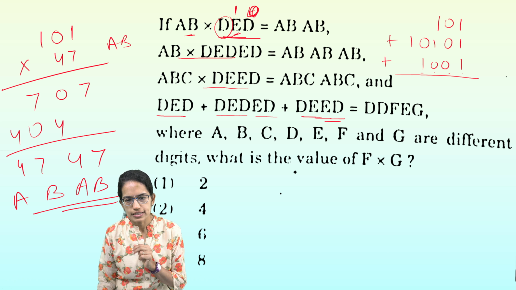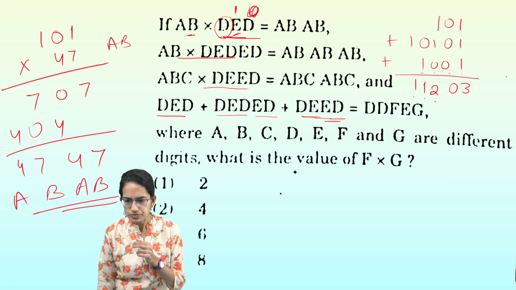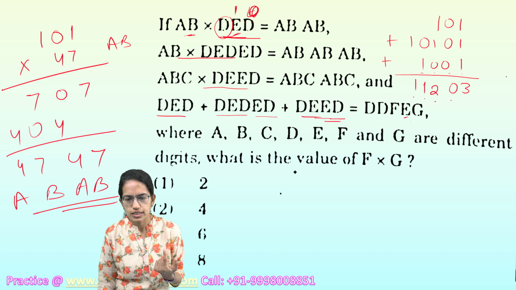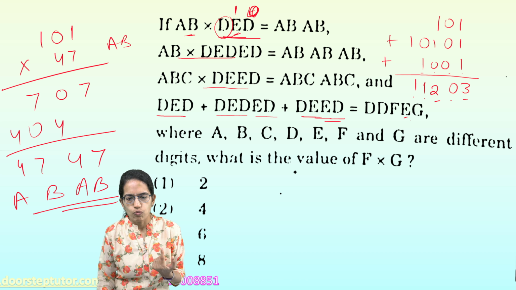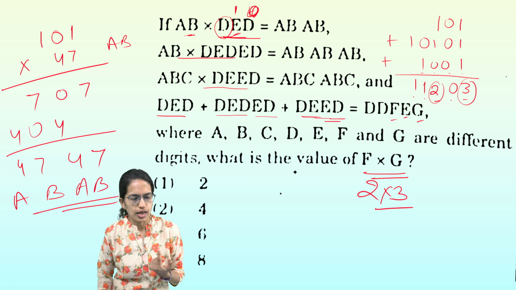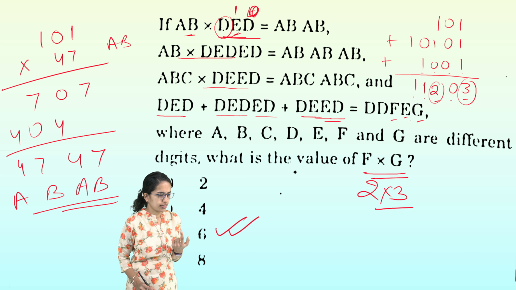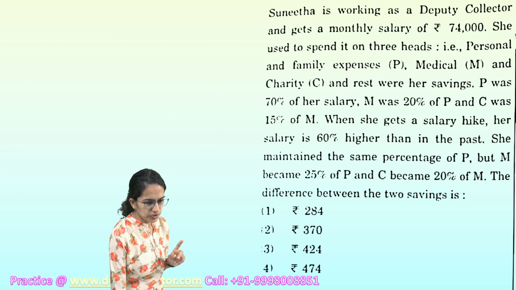Now when I add these numbers I get 3, 0, 2, 1 and 1, that is DDF. 2 is now F. Okay, E is again 0 and G is 3. So what is F into G? So F into G is 2 into 3. So 2 into 3 is what? The answer is 6. So my correct answer here becomes 6. So that was one question that was asked.